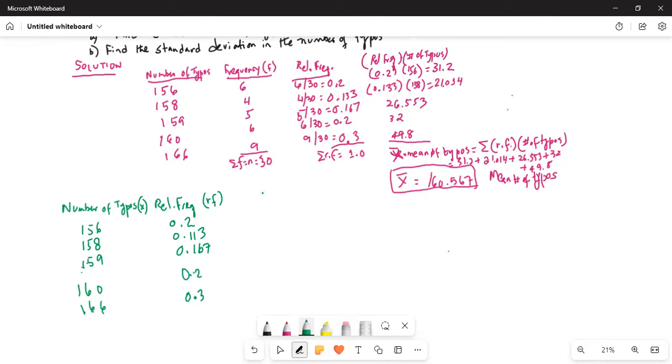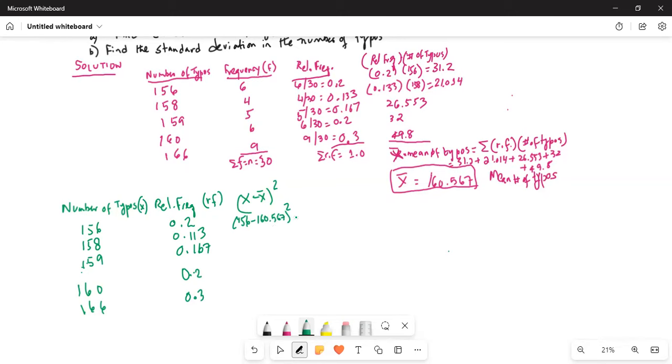Okay. So what I'm now going to do is make a column for (x minus x bar) squared. So these are all x. We know x bar is this. So for the first one, for example, this column will be, in parentheses, 156 minus the mean, 160.567, and the whole thing will be squared.